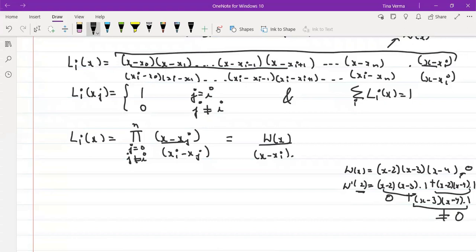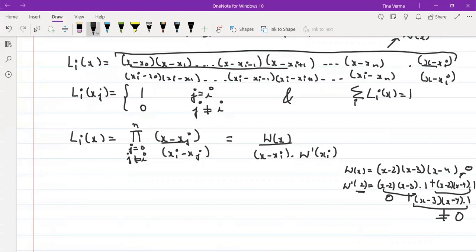Only that term will remain. So if you write it this way, can I write this as w dash of xi? Where you take the derivative of x minus xi, there that term will be non-zero, and everywhere else xi minus xi will be there, so it will be 0. So only at the derivative term where the x minus xi derivative is taken will it be non-zero. Is this form clear?